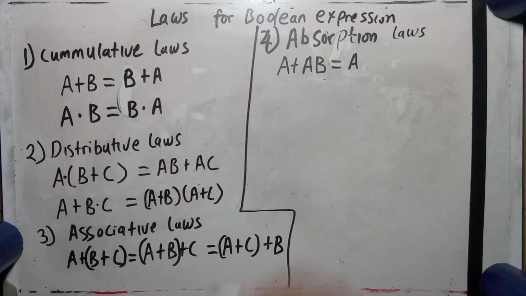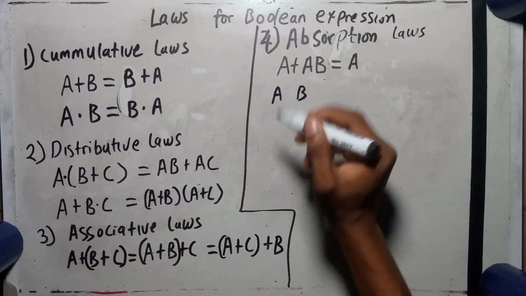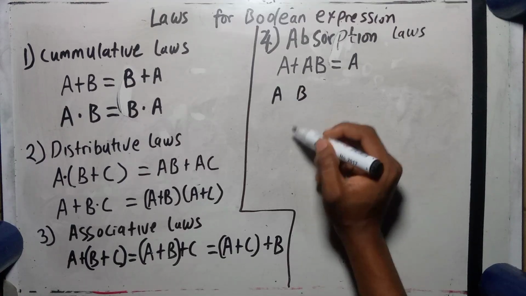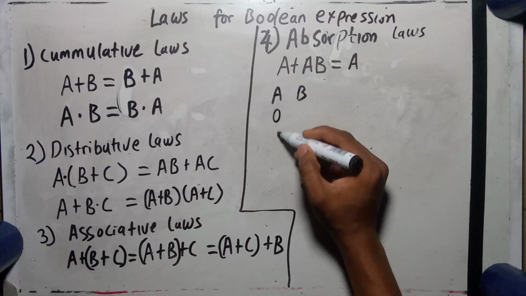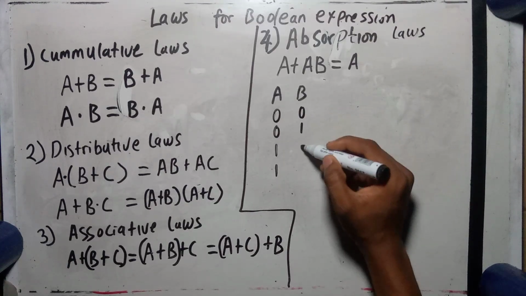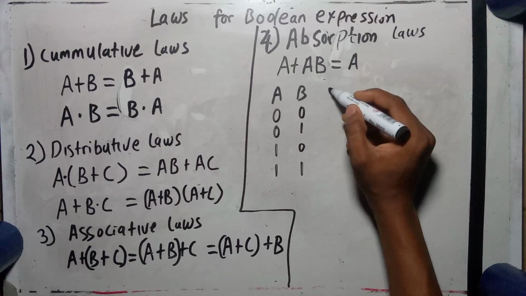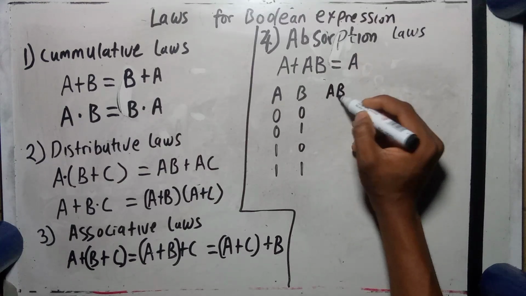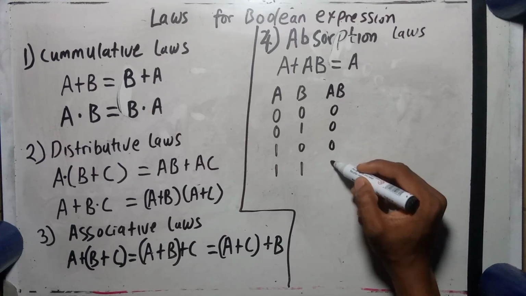So with your truth table, you have A and B. These are 2 inputs, so we're going to be having 4 rows. So this is 0 0 1 1 for A, and 0 1 0 1 for B, and for our AB we have the product. So this is 0 0 0 1.